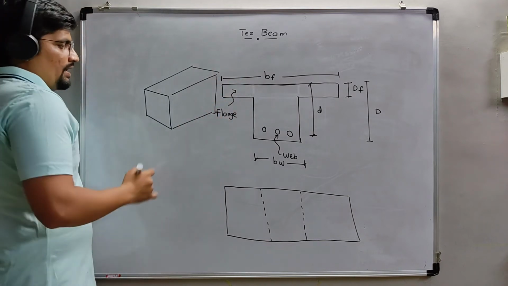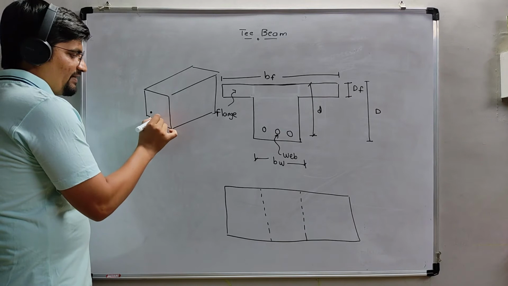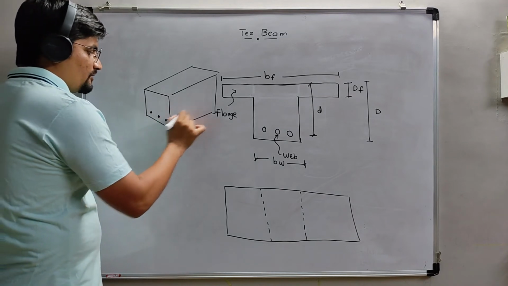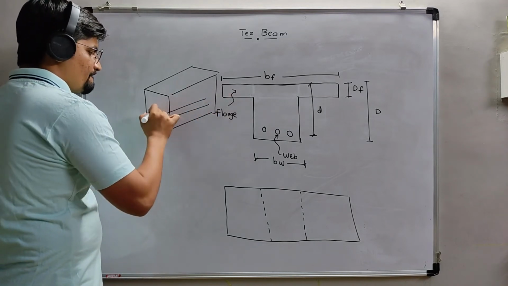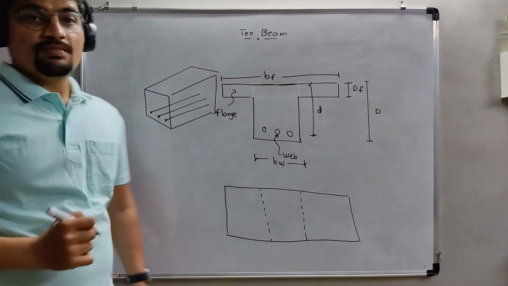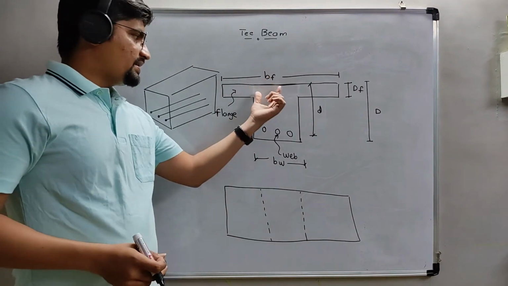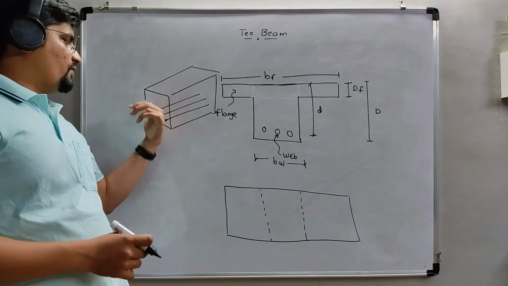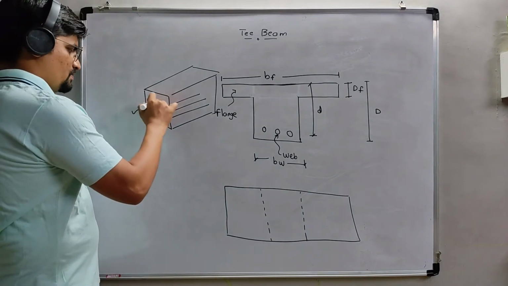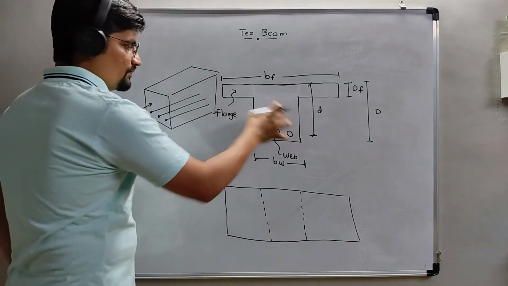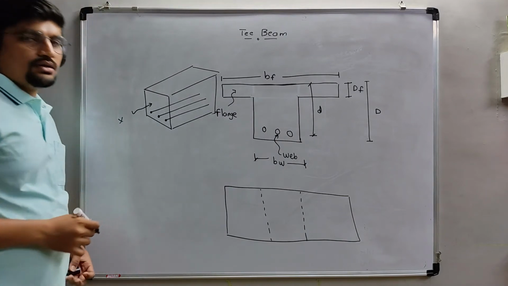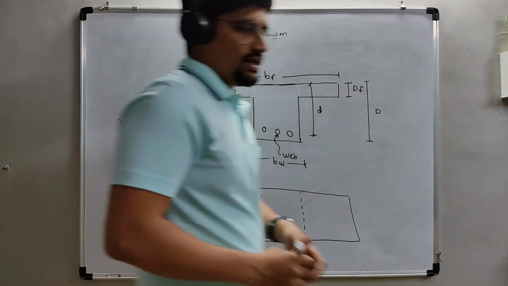Here we are providing the main reinforcement, which will go like this. This one is the plan view, and the front view is shown like this. So here the reinforcement diagram will be like this.